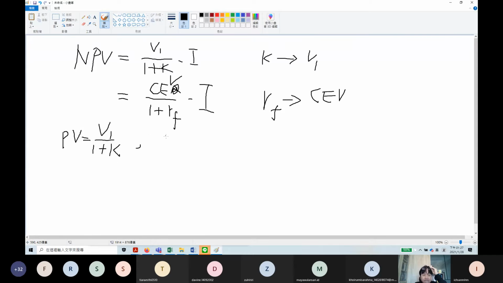And this one, CEQ1 divided by RF, is another kind of the PV, right?